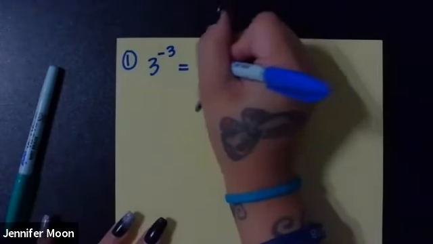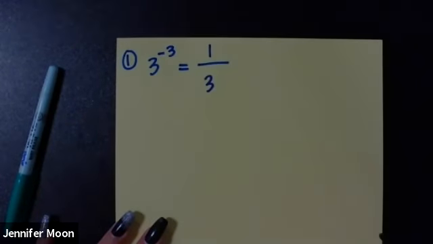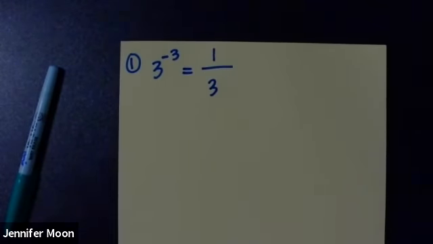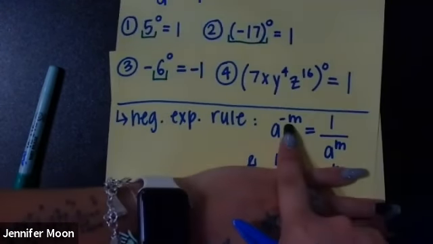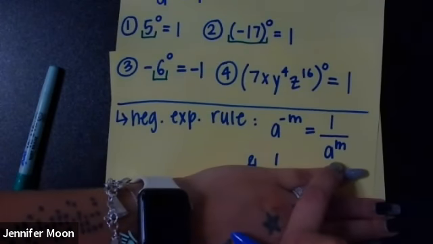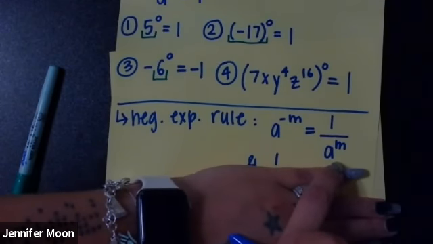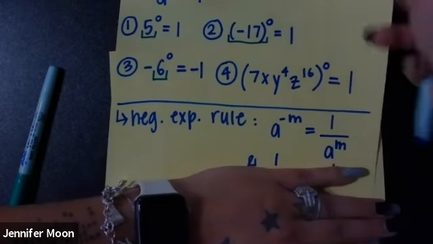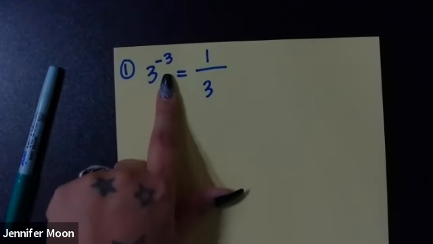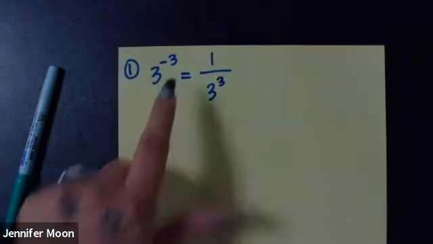Which means I'm going to bring it down to the bottom. Now, the sign on my exponent went from negative to a positive. You don't lose the exponent or anything. It's still the exact same exponent. It's still going to be the number 3. But now instead of it being a negative 3, it's a positive 3.